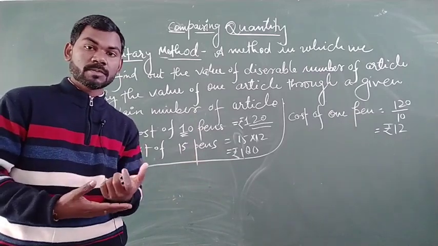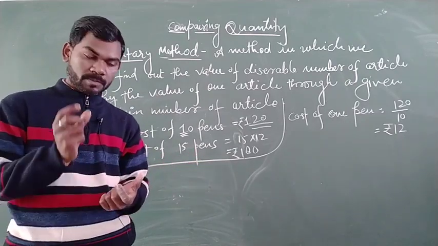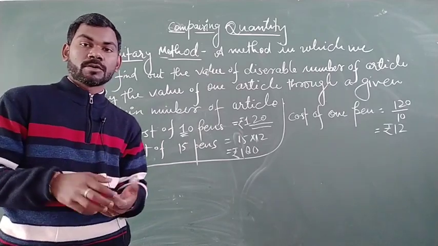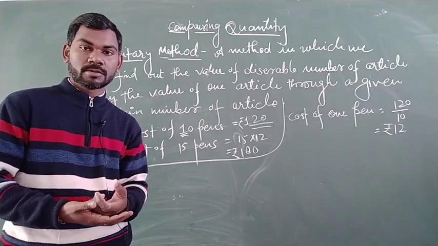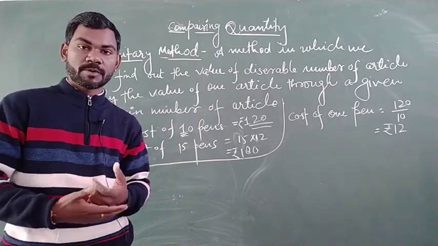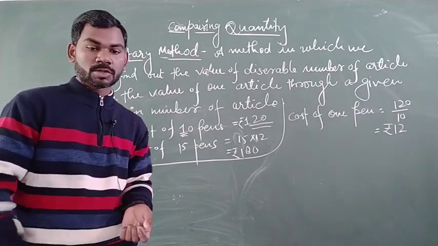Age-based problems can also be solved by this method. By getting one concept, we can find the results of various types of arithmetic problems. So I hope the unitary method is clear to everyone. Now let's see some questions on this topic.